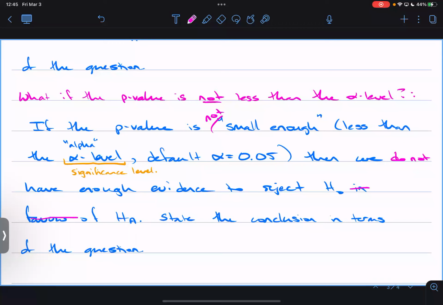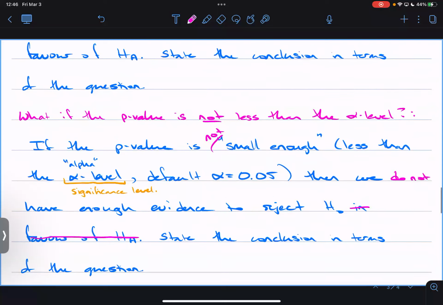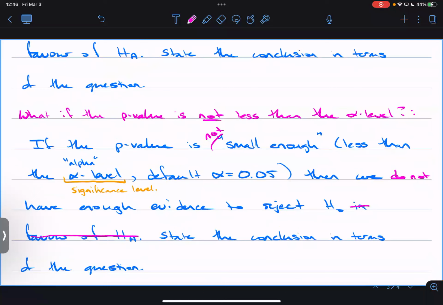And usually I just ditch the "in favor of HA." And then you state the conclusion in terms of the question, depending on what that means. So I like this because then you can just add the "not" and change it ever so slightly.